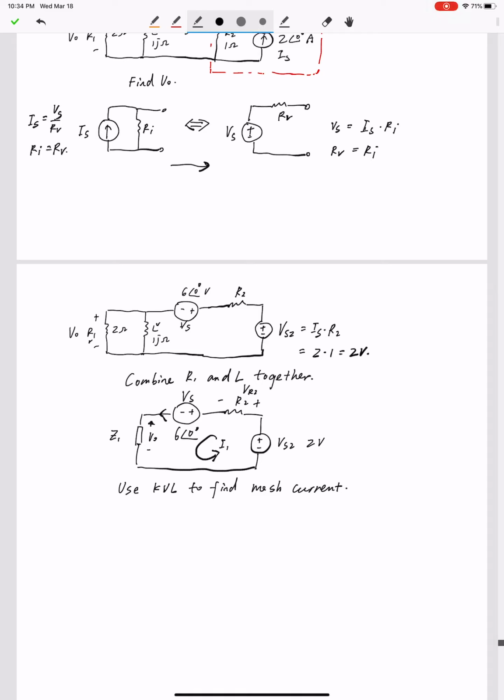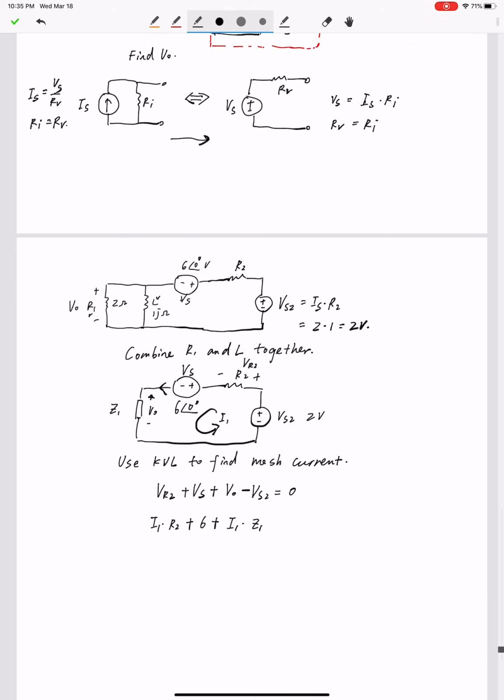Right, so let's write the KVL equation of this circuit. That should be positive VR2, positive Vs, positive V0, and minus Vs2 equals 0. VR2 can be written as I1 times R2, Vs is 6, V0 is I1 times Z1, right?